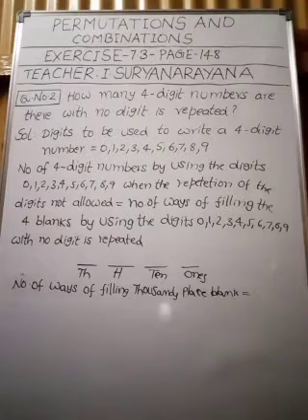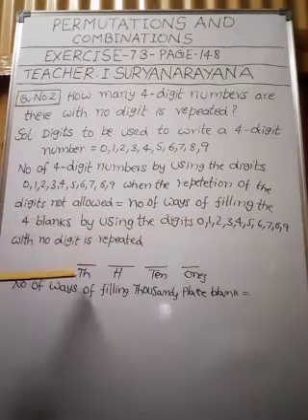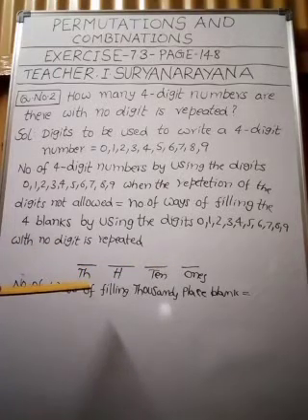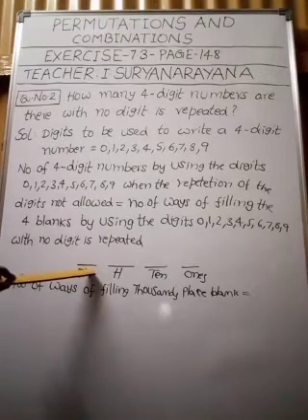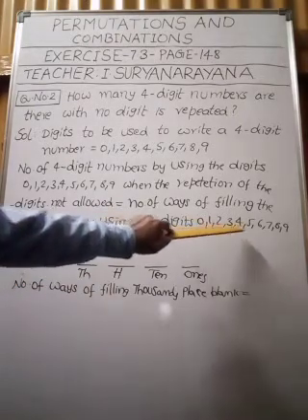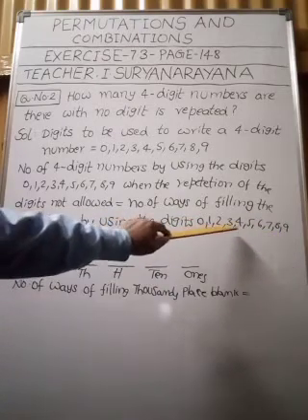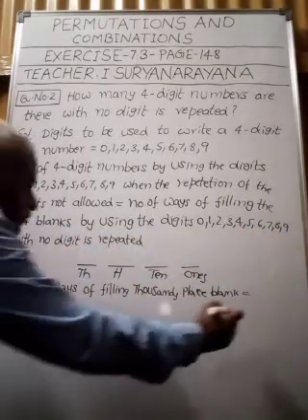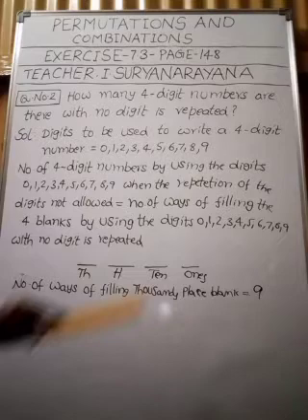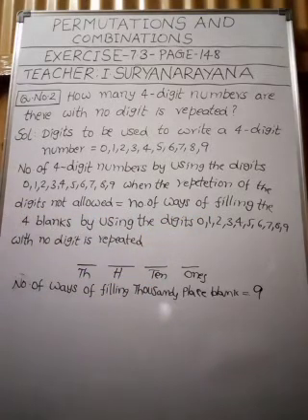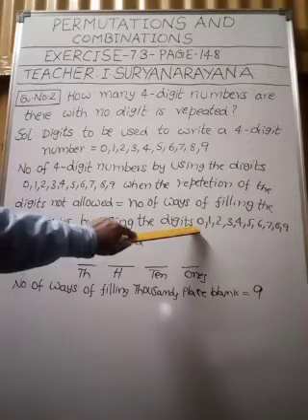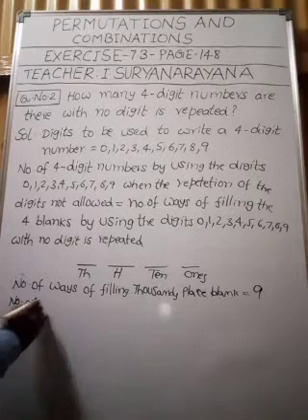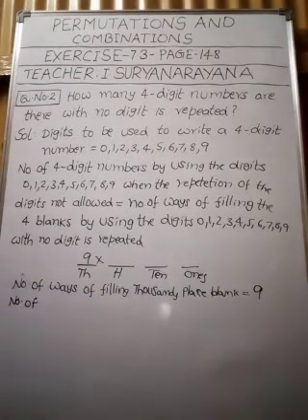If you write 0 in this place, we can't say this is a 4-digit number. It is said to be a 3-digit number. So this thousands place can be filled by these 9 digits only: 1, 2, 3, 4, 5, 6, 7, 8 or 9. So the thousands place can be filled by any one of these 9 digits except 0. We exclude 0. Understood this point, my children?